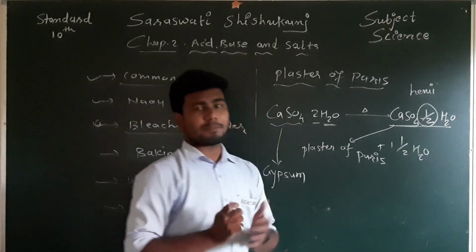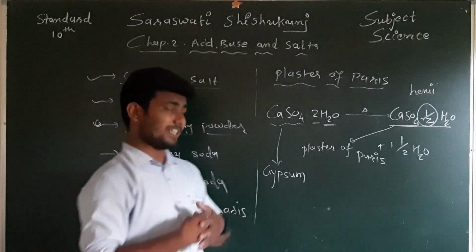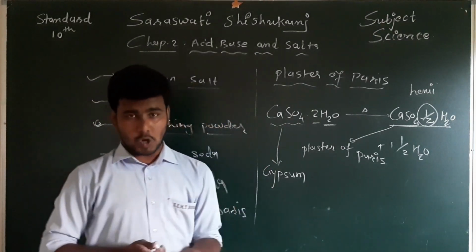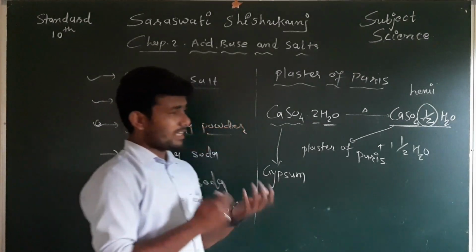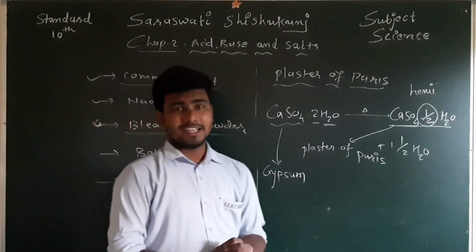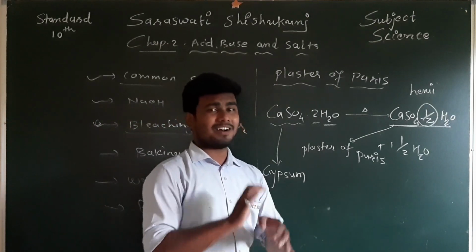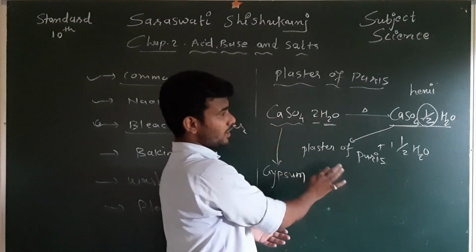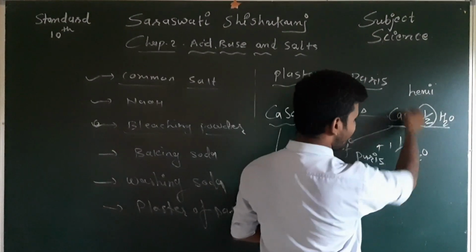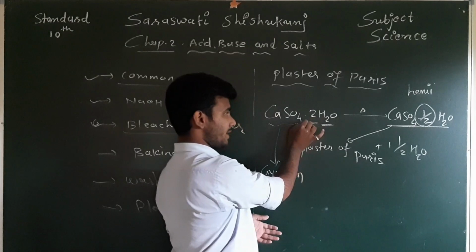Now where is this plaster of Paris used? As we all know, it is used in decoration, to prepare toys, and also by a doctor, right? Actually, when plaster of Paris reacts with water, it will give a very hard substance, like gypsum.